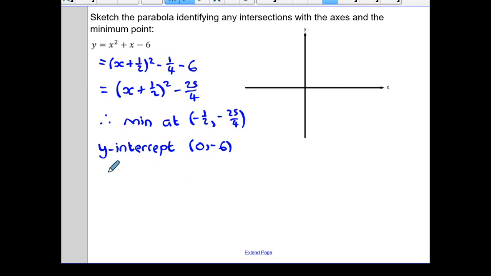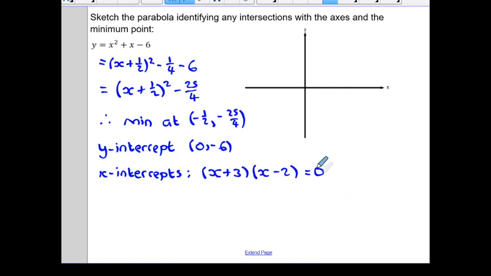To get our x-intercepts, in this case, we can actually just factorize. The quadratic we've got factorizes into x plus 3, x minus 2.